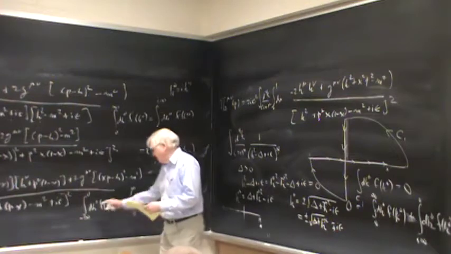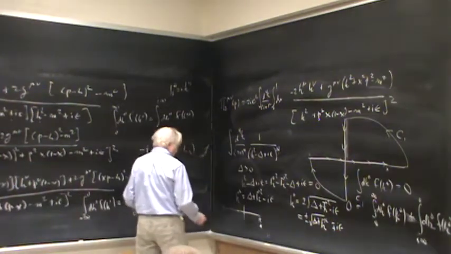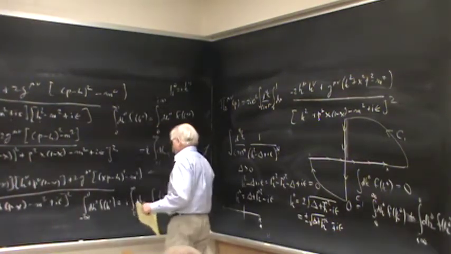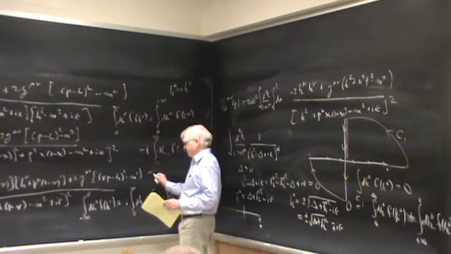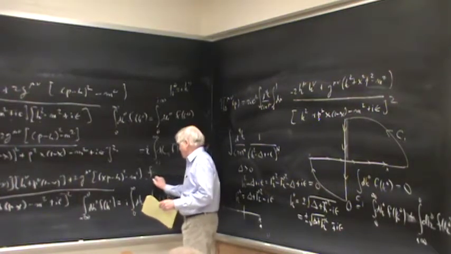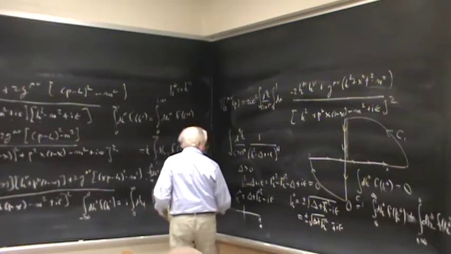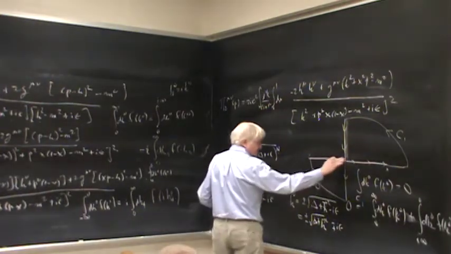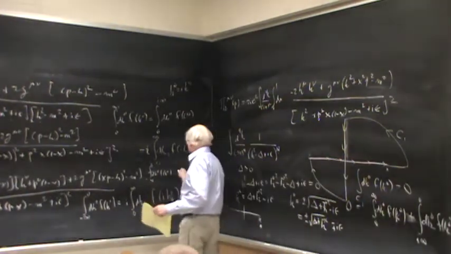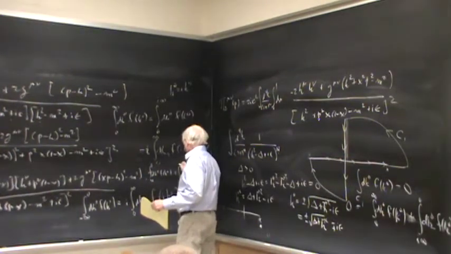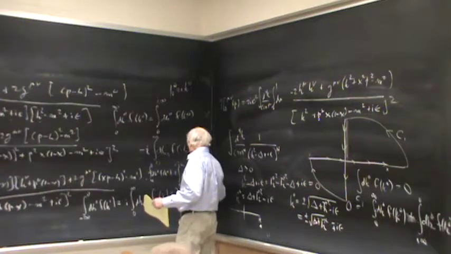Oh, this is minus infinity to 0. All right, let me do it in 2 steps, just to get it straight. It's the integral from minus infinity to 0, dk0, f of k0, so that's this part, plus the integral from 0 to i infinity, dk0, f of k0.